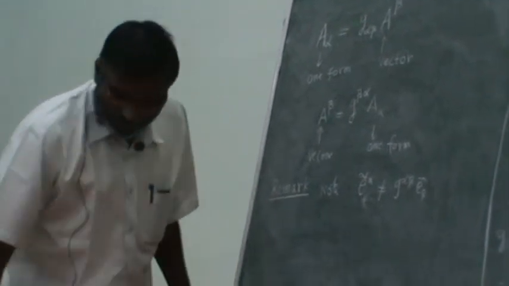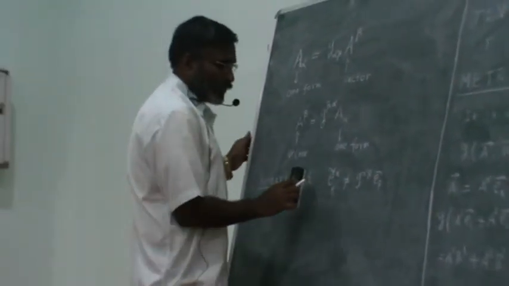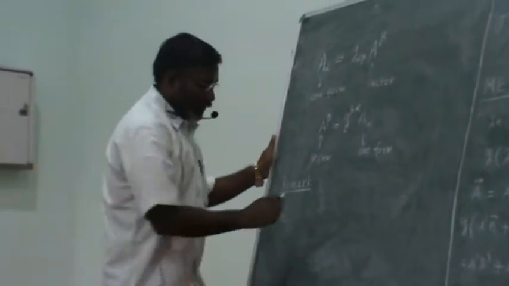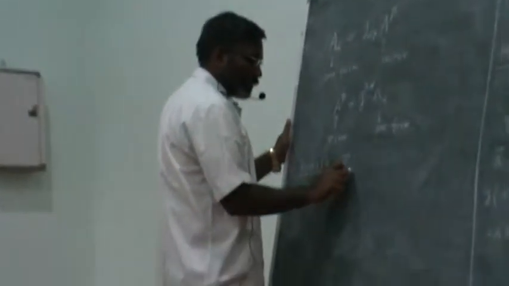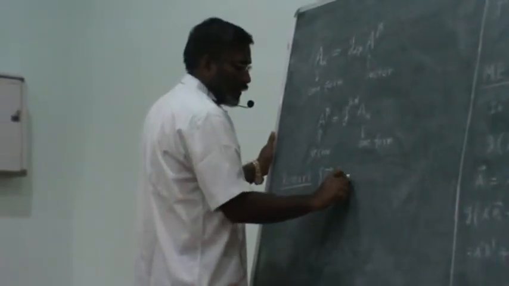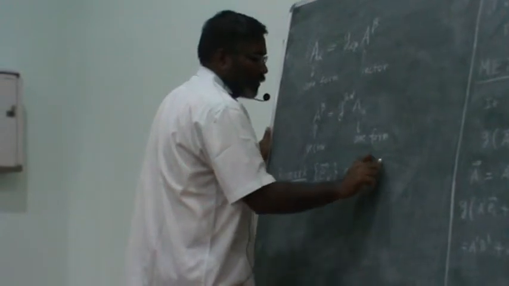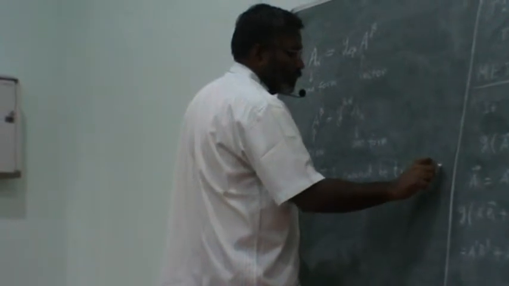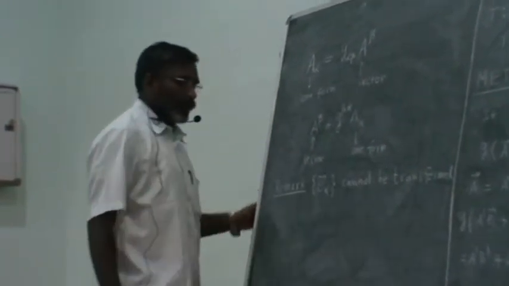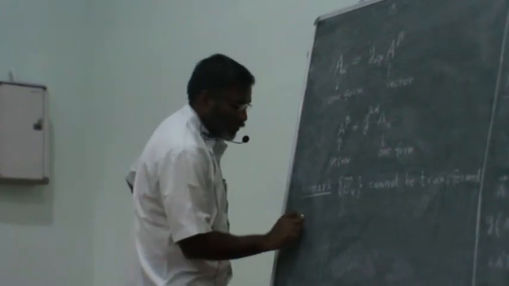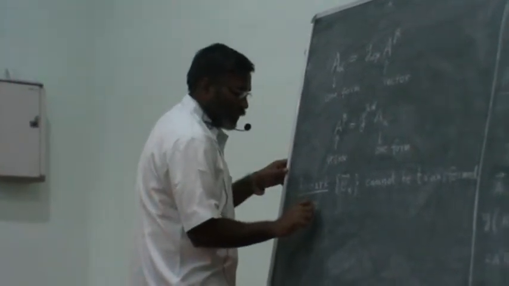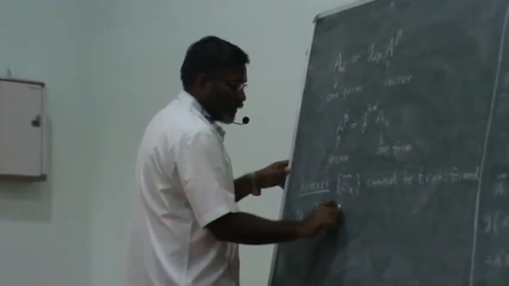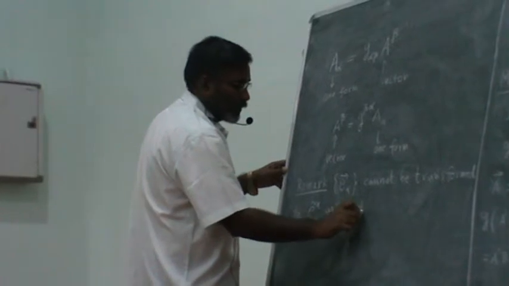I think this notation is not correct, but okay, so this E_alpha cannot be transformed to E tilde of alpha using metric tensor.